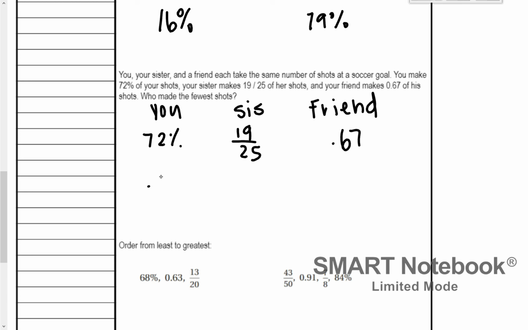So we've got 0.72 because we put in that decimal, move it to the left. In our calculator, we would take 19 divided by 25 to get 76 hundredths. And then your friend is already a decimal. We want to know who made the fewest shots, meaning they're going to have the lowest percentage of shots that they made, which is going to be, unfortunately, your friend.